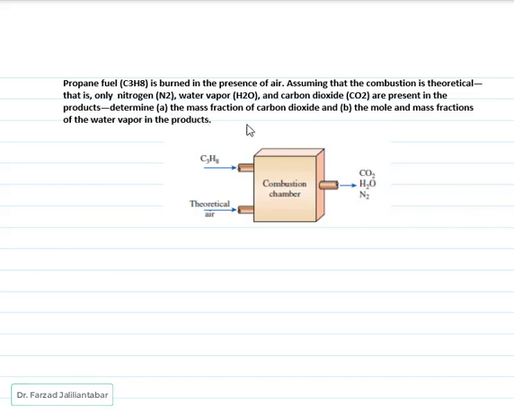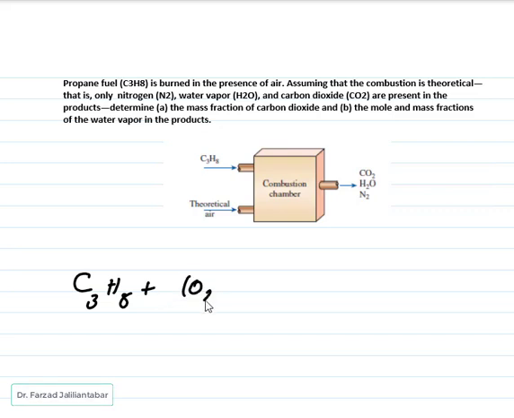So how can we calculate the first part, the mass fraction of carbon dioxide? First we should have the equation for the reaction of this fuel with the air. So here we have C3H8 plus air. How should we write the air?